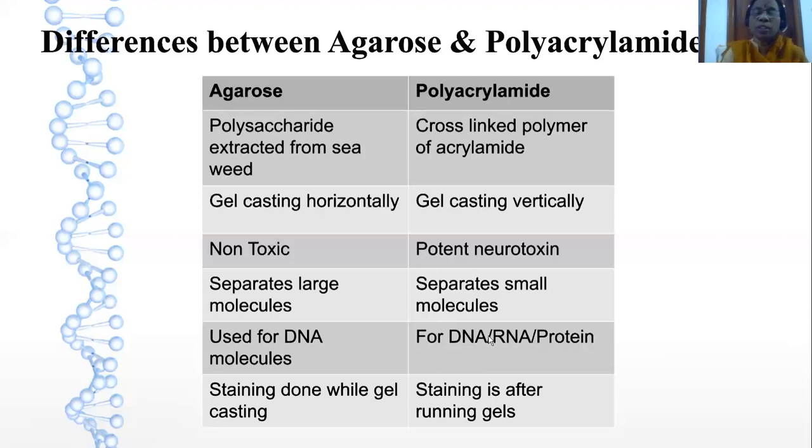Suppose you have extracted the bacterial genome and it is subjected to restriction digestion, then definitely smaller DNA fragments can be visualized using the polyacrylamide gel. And then we can also identify small RNA molecules and obviously the proteins, which are of much smaller size in comparison to that of the DNA, and the peptides also can be isolated.